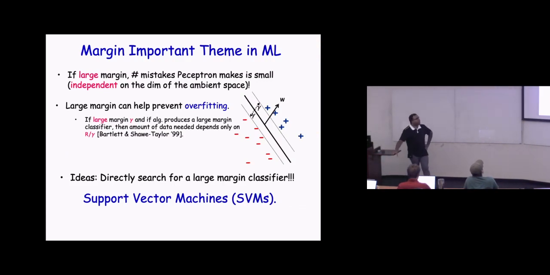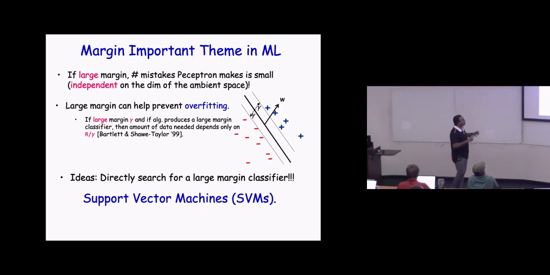From the perceptron, we learned something. First of all, if you have a large margin, then the number of mistakes perceptron will make goes smaller, because you have this R divided by gamma square formula. So you can find a plane pretty easily if there is a large margin. And large margin can help prevent overfitting.